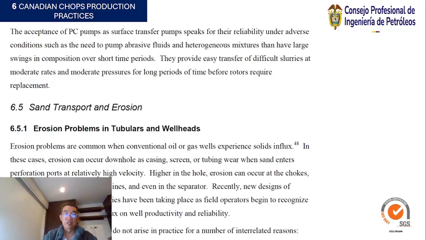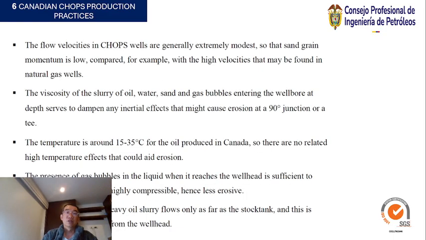In heavy oil, sand erosion issues do not arise in practice for a number of interrelated reasons. The flow velocities in CHOPS wells are generally extremely modest, so that sand grain momentum is low, compared, for example, with the high velocity that may be found in natural gas wells.